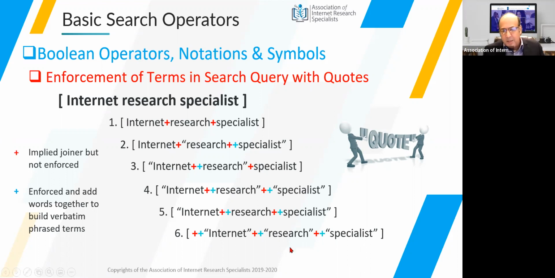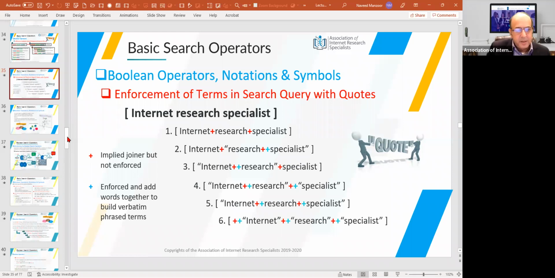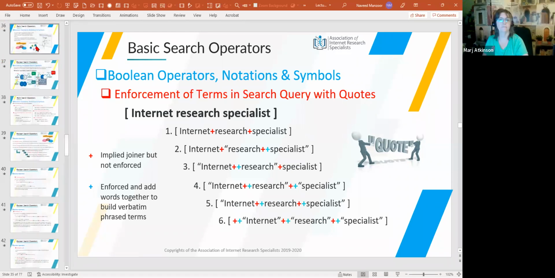What Google has done is just sort of taken away AND, as if it has a perfect replacement with the quotation marks. That's what they're saying. Right. But it doesn't mean it doesn't work. So that part I just want to be clear about.